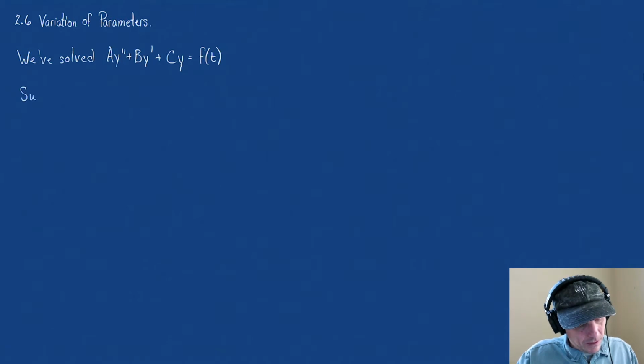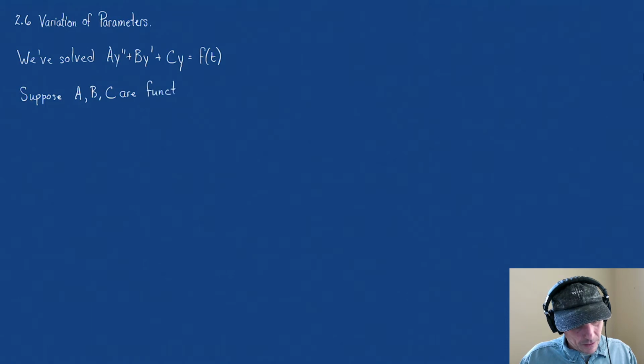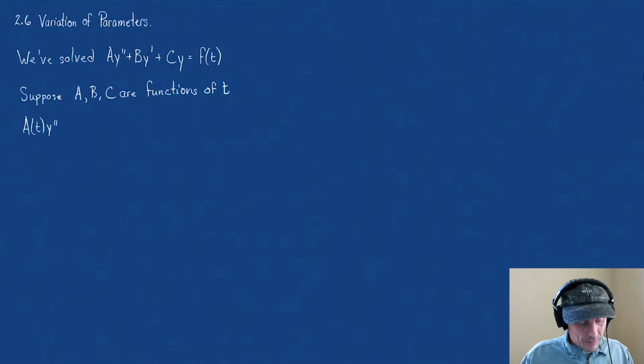Suppose A, B, C are functions of t. In other words, the differential equation would really look something like this: A of t y double prime plus b of t y prime plus c of t y equals f of t.